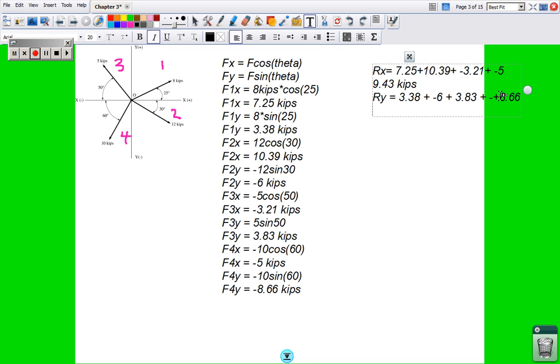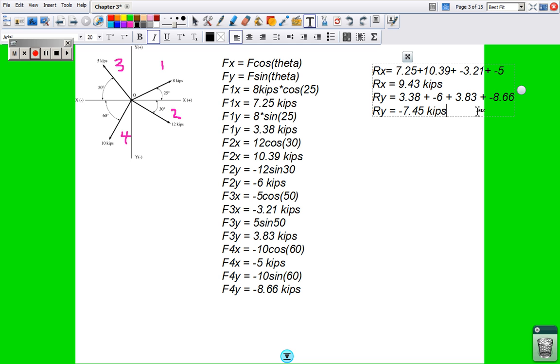Oops, I see a mistake right there, an extra plus sign, and so that makes my Ry equal to negative 7.45 kips. Alright, Rx, this one's Rx.